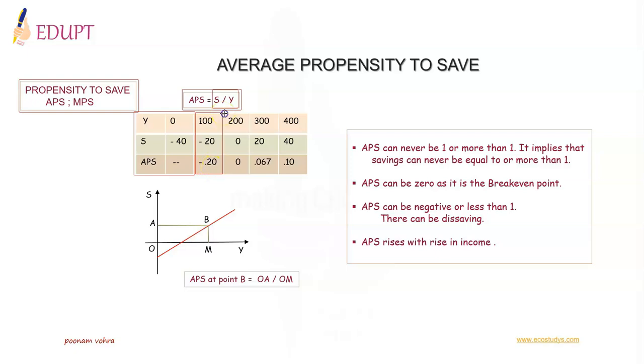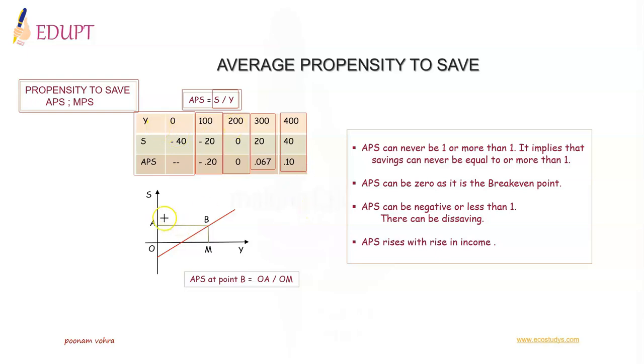Similarly, when income is 200, savings are 0, obviously APS will be 0. With income 300, savings being 20, APS would be 20 by 300, which is 0.067. So is the case with income being 400, savings 40, APS would be 0.10.